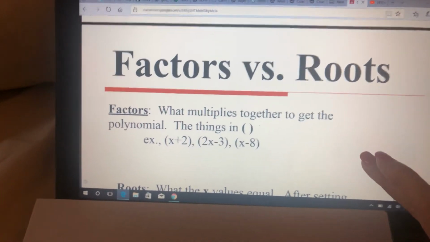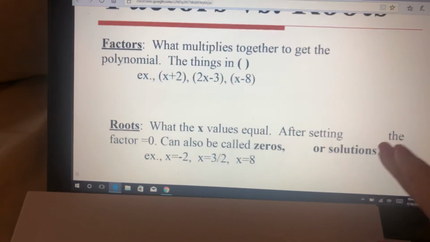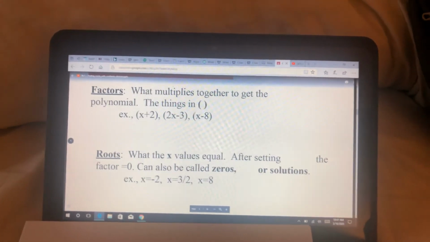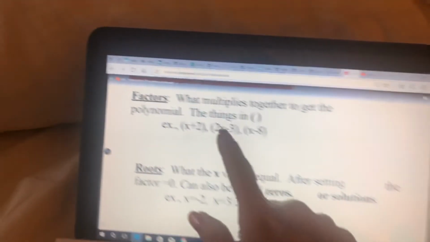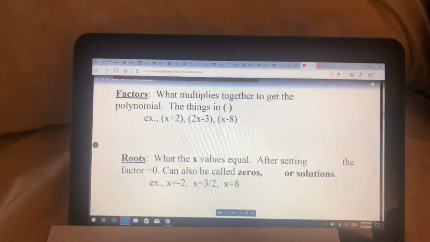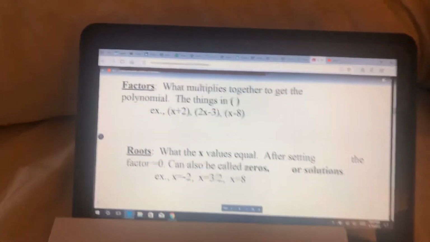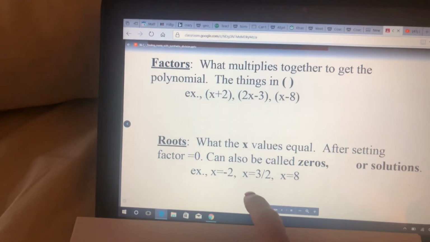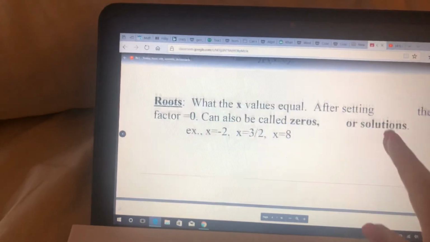It's the same thing with a polynomial. Roots are when the x values make the expression equal 0. So when we take these factors and set them equal to 0, that's when we get our zeros or solutions. So factors, then set them equal to 0; roots, where we're crossing the x-axis.